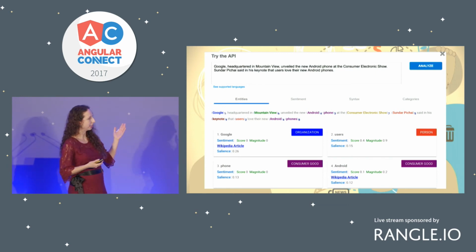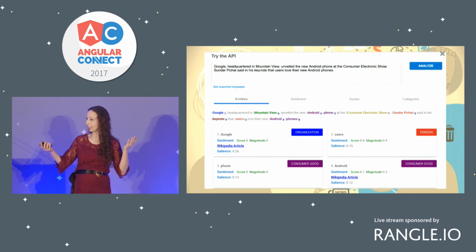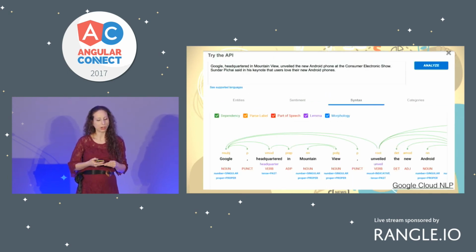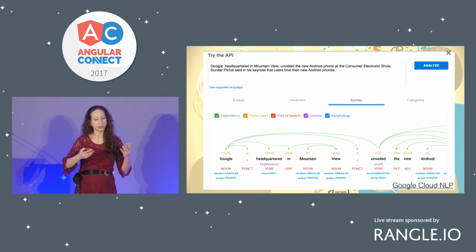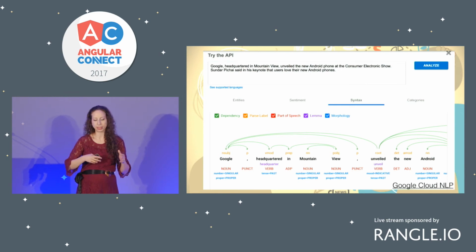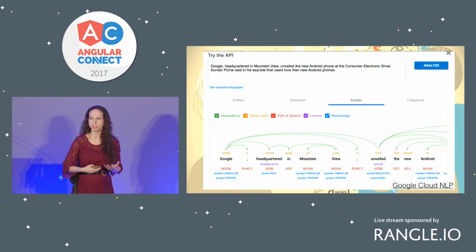So as you can see, we can have the entities with links. We have the sentiment as the whole document and for each sentence. And we also have syntax. So we can see the dependency between different words that we have in the text, the phrases, parts of speech, and so on. So you can really learn a lot about it.